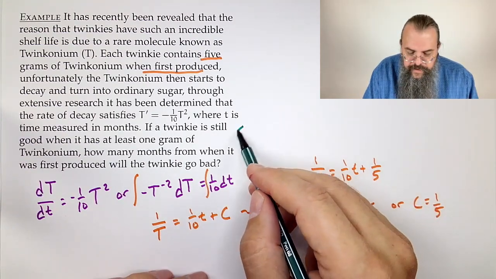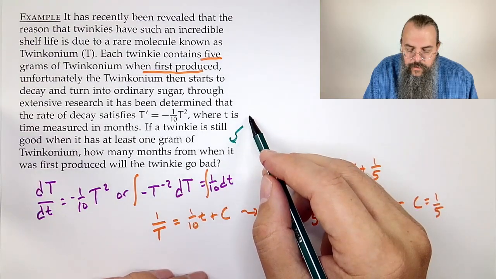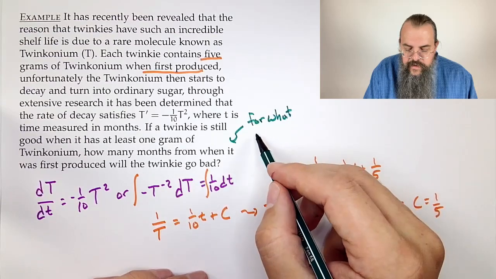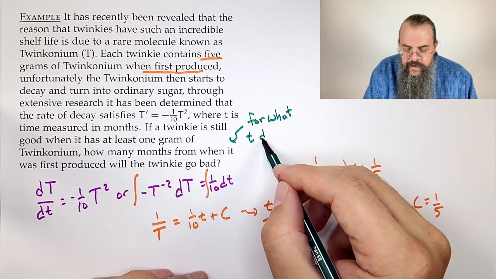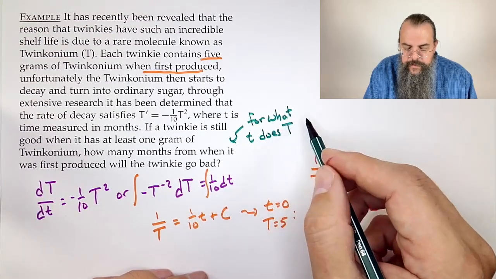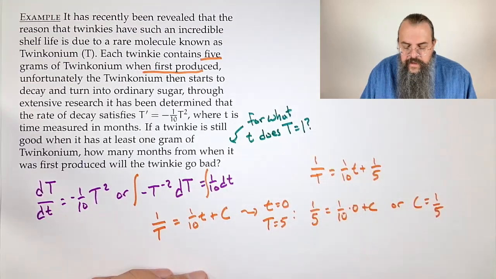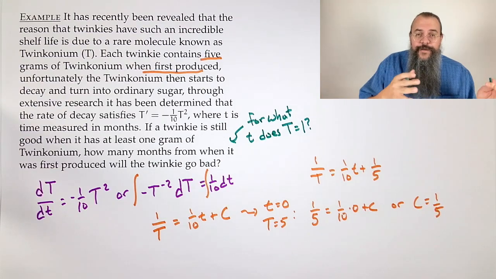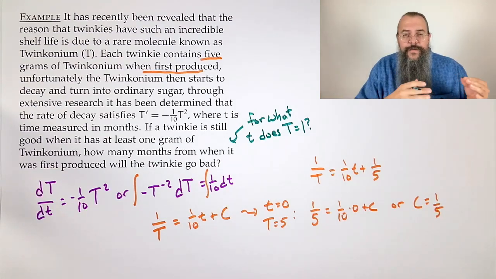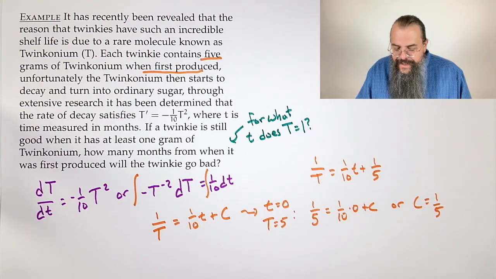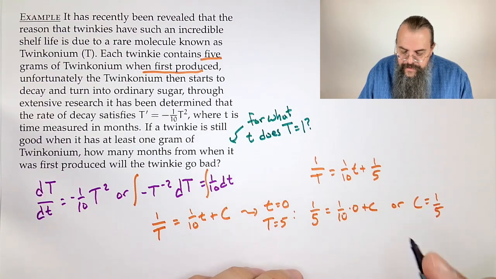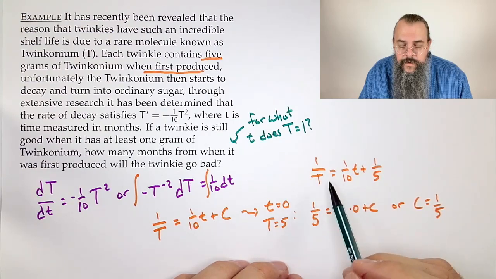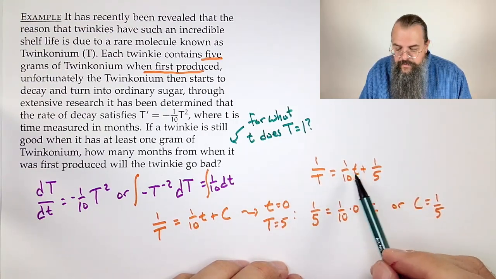So we can phrase this as, for what t, where t is time, does the amount of Twinkonium equal 1? That's the borderline between a good Twinkie and a bad Twinkie, of course. A bad Twinkie, who'd ever heard of such a thing? All right, so now we have a plan: plug in capital T becomes 1 and solve for lowercase t.